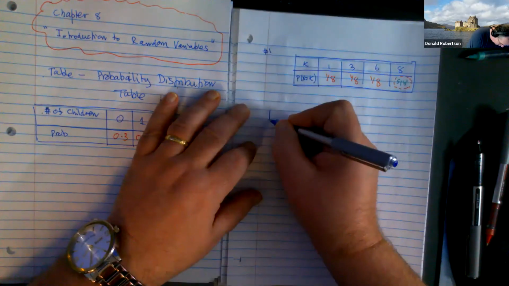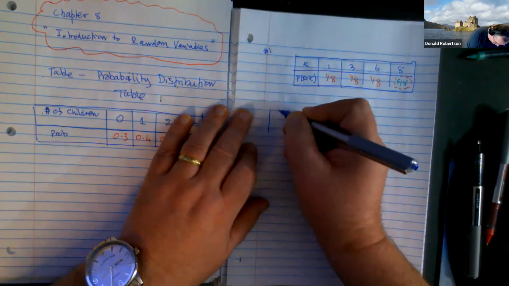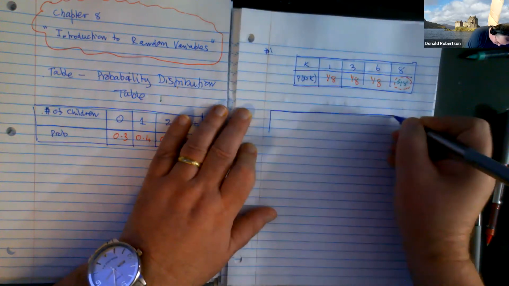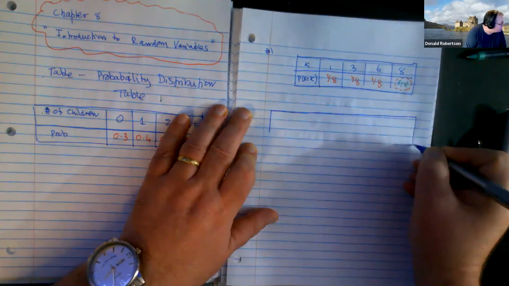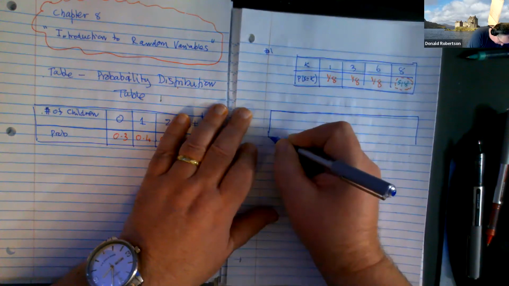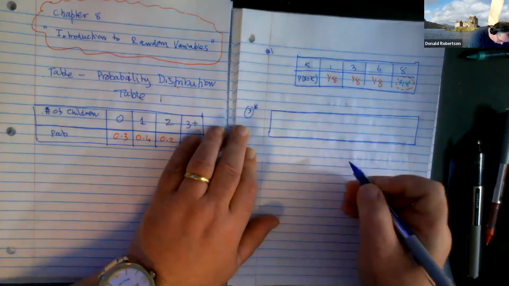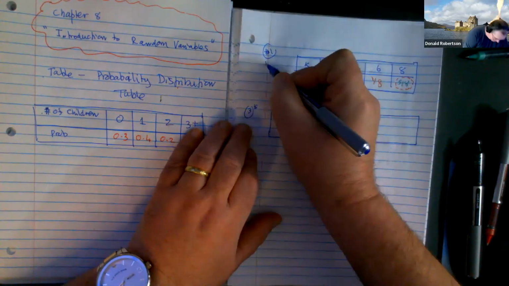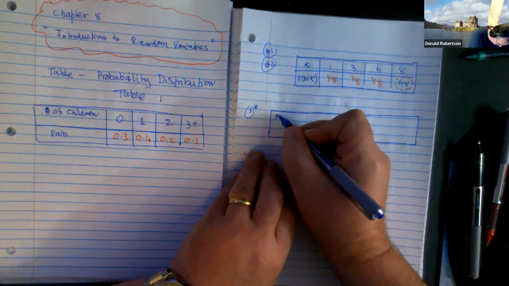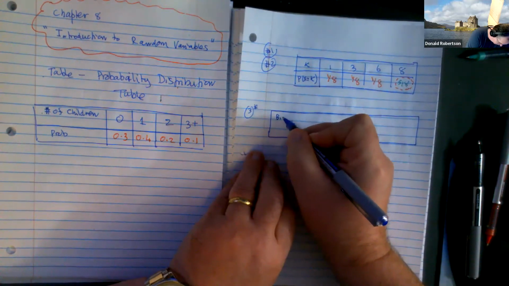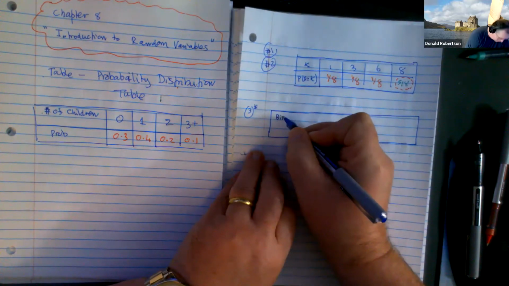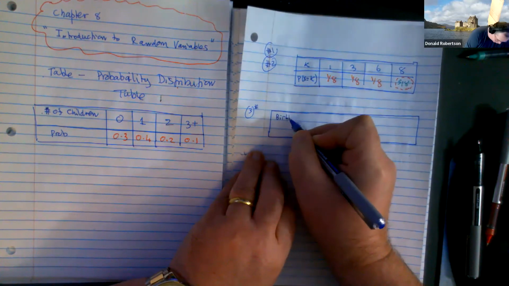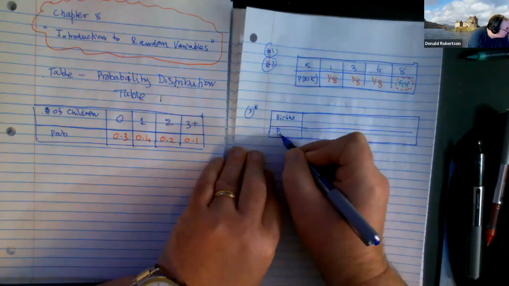Now, let's suppose you were given a completed probability distribution table. So this is a bit like question 3 now. The one that we just did is like 1 and 2, right? And this one is births again, and the probability of it happening.